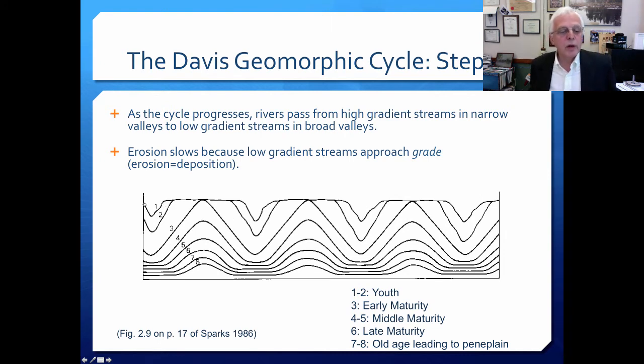Here you see very narrow valleys in the youthful period. They cut down into early maturity, much deeper valleys. And as we get into the old age or late maturity, then we'll have hills, sets of hills or mountains, divided by very broad valleys containing low gradient meandering streams.